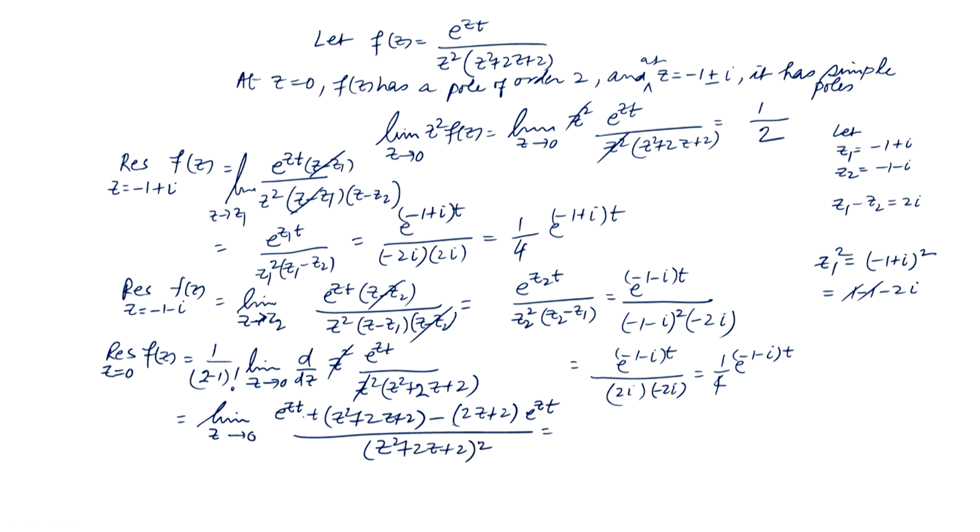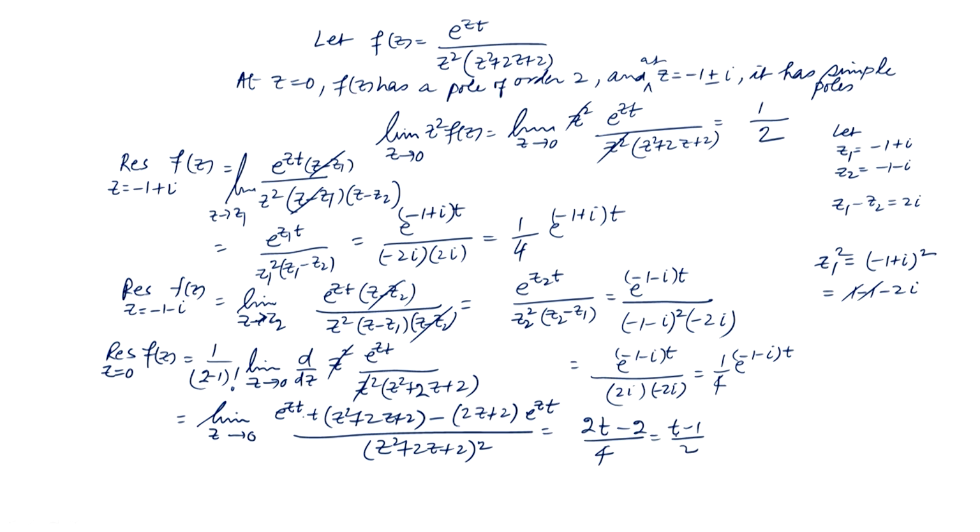So when you let z go to 0, e to the power zt goes to 1, then here we get t into 2, so 2t, and here we will get minus 2 because this is 0, this is 2, and this is e to the power 0, so 1. And then the denominator is 2 squared, so 4. So we have t minus 1 by 2.